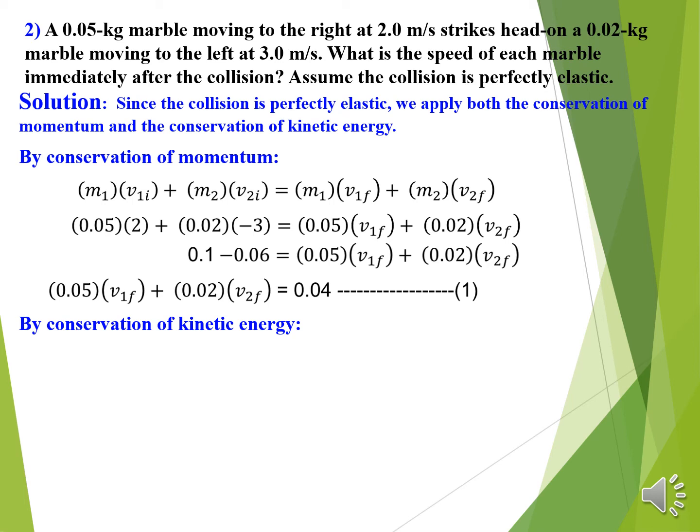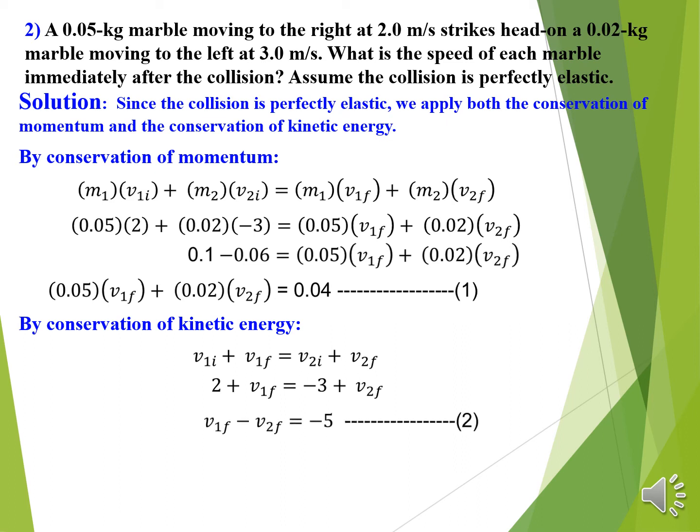We need another equation because there are two unknowns here, v1f and v2f. The second equation can be obtained by using the conservation of energy: v1i plus v1f equals v2i plus v2f. Substituting the values and simplifying, we get v1f minus v2f equals negative 5.